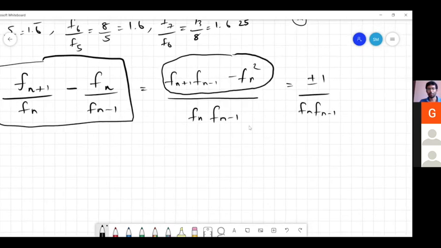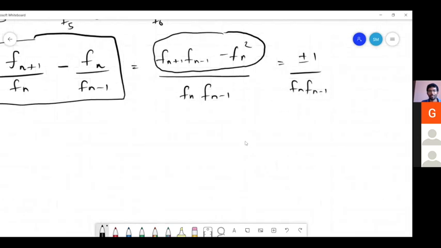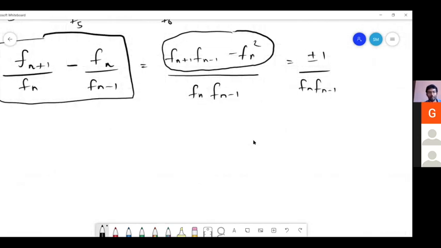Just that you brought this thing, Sunil, f_{n+1} f_{n-1} minus f_n squared is plus or minus 1. I'll just point out another direction. So we have this Fibonacci sequence 1, 1, 2, 3, 5, 8, 13, 21, 34, 55. If you take this 8 squared and subtract 13 times 5, we get minus 1, right?